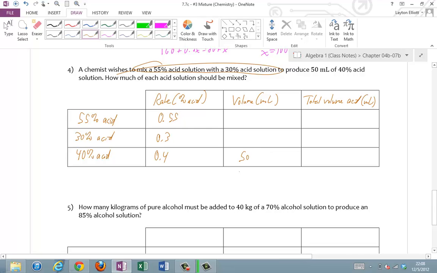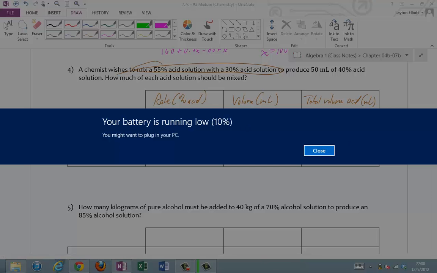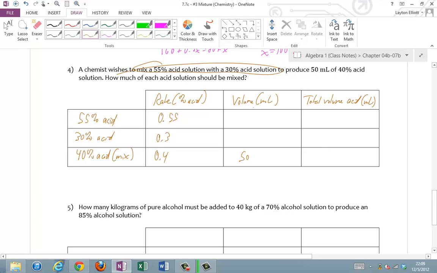We have 50 milliliters for a total for the mix. Remember, the 40% acid, that's the mix. And then the other one, oh great, battery low. The other one would be maybe a V for volume, and then a 50 minus V. And 0.55 V. 0.3 times 50 is 15, so it's 15 minus 0.3 V. Split the cell.